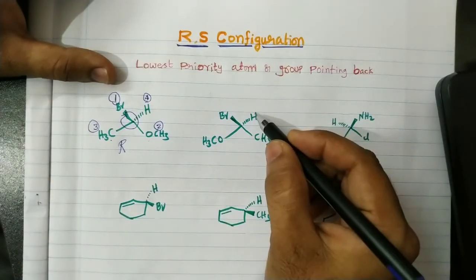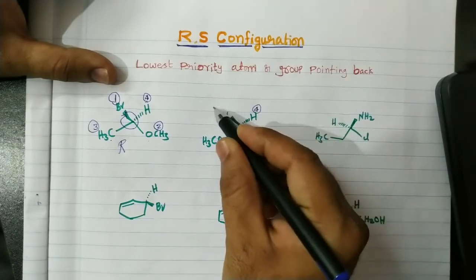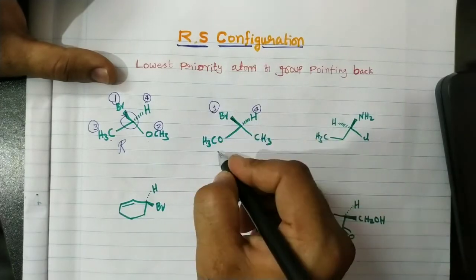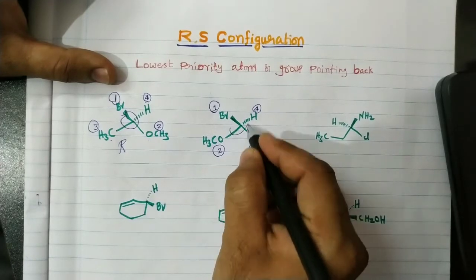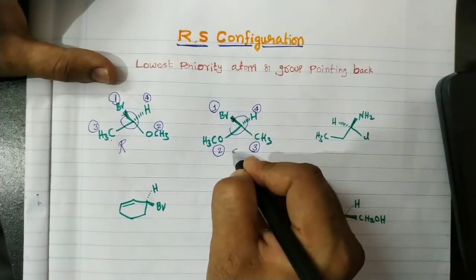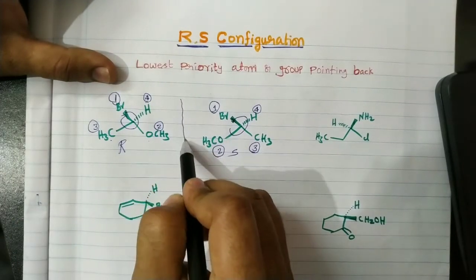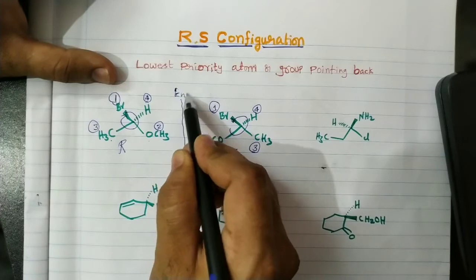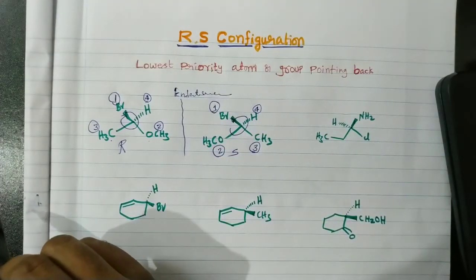Now here also the least priority group, hydrogen, is below the plane. This is the first priority group, this one is the second priority group, and this is the third priority group. So 1, 2, 3 is in anti-clockwise direction, S configuration. So the relation between these two is that they are enantiomers, because the configuration is exactly opposite.